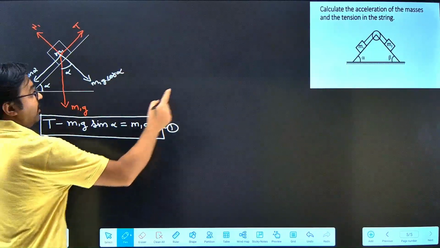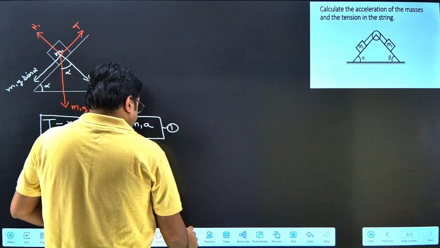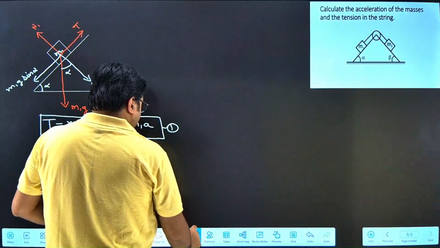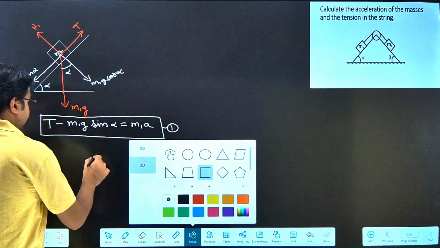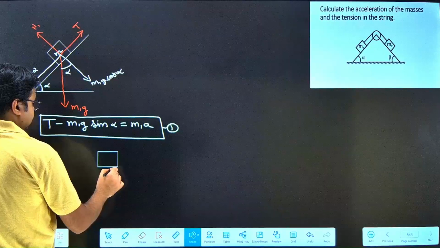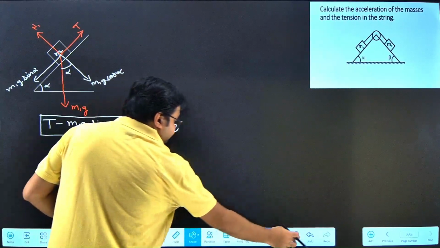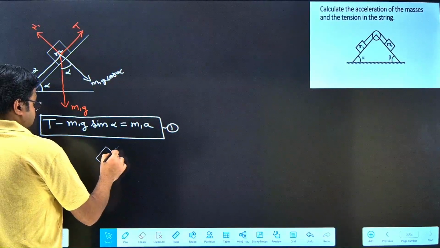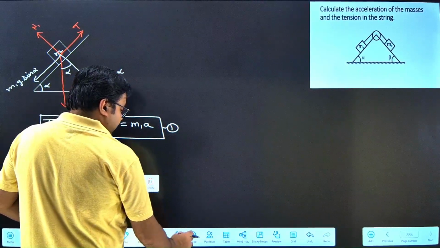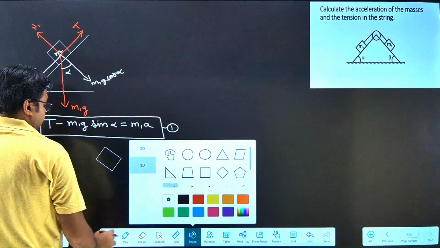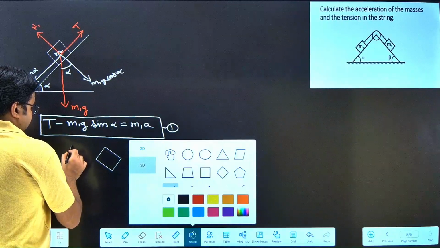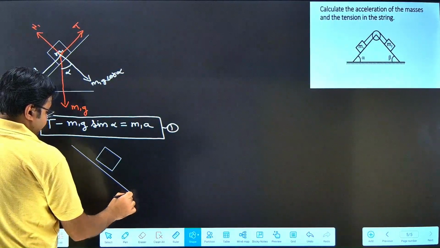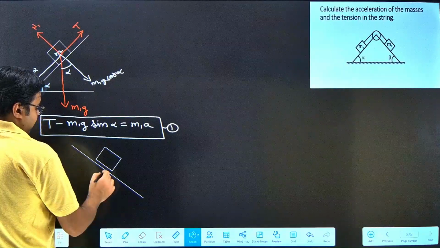Let me similarly draw the second mass. So here we have the second mass, and let me just tilt this a little, and we have this plane, the inclined plane.